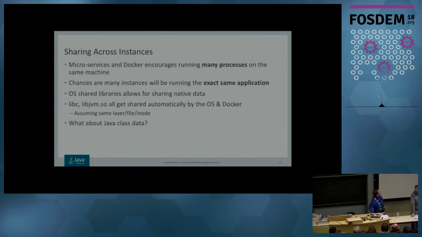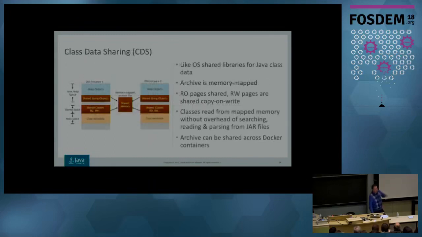So for the JDK, we already get that type of sharing with the shared library that makes up the JVM itself. But what about Java class data and, in general, stuff that is specific to Java? Class data sharing was already touched on, but in essence, it's doing exactly that. It's taking data that we have inside of the JVM, data that was read from the class files and massaged into something that the JVM liked better.